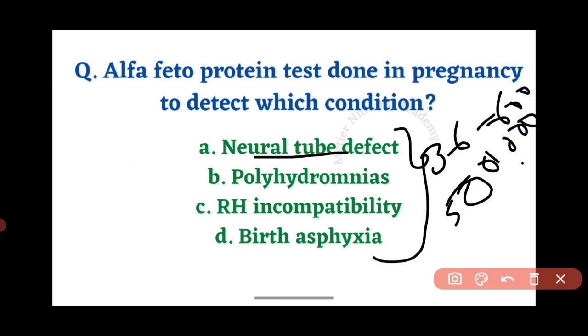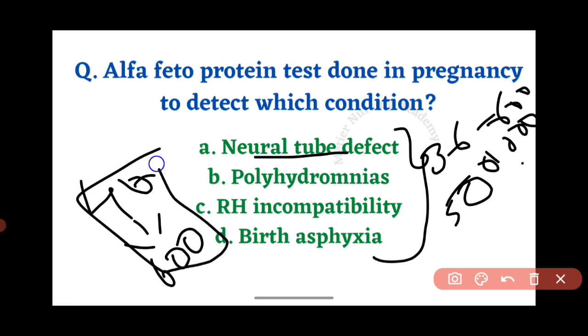In 40 weeks, from the 1000 it will be reducing to approximately 600 ml. So by the 12th week 50 ml, 24th week 500 ml, 36th week 600 to 1000 ml, and again it is coming back to 600 in the 40th week. This is the normal amount of fluid present in the gestation period.